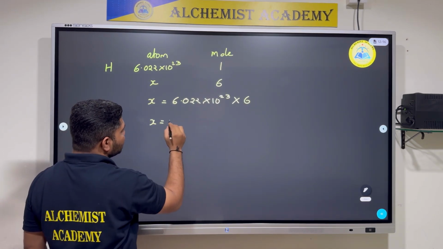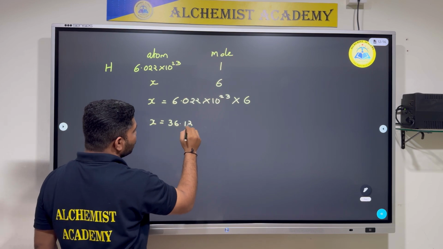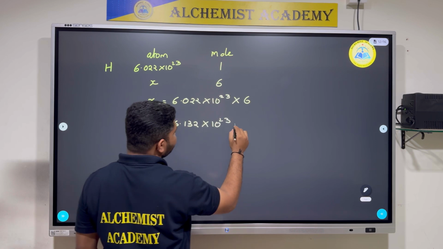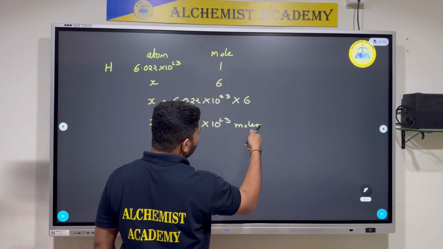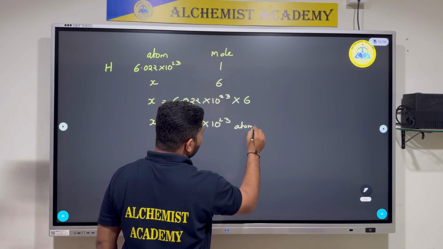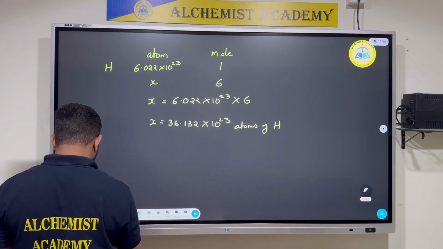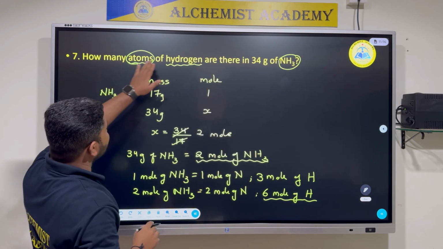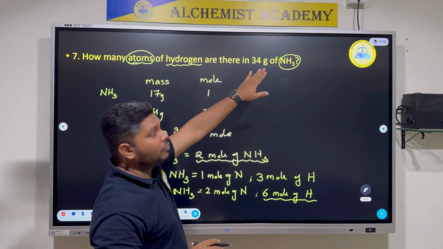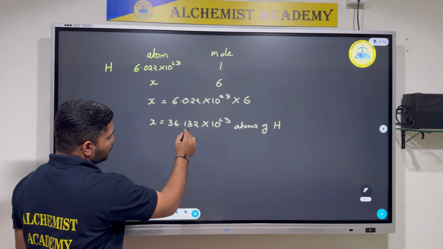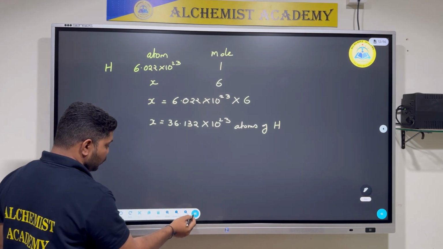If you multiply this, it comes to 36.132 into 10 raised to 23 atoms of hydrogen. This is what they have asked. How many atoms of hydrogen are there in 34 grams of ammonia? You will say it is 36.13 into 10 raised to 23.